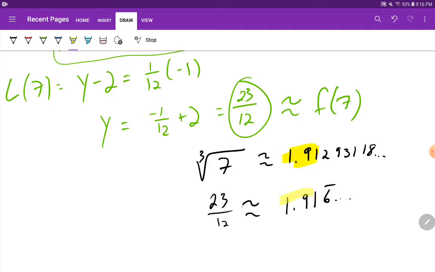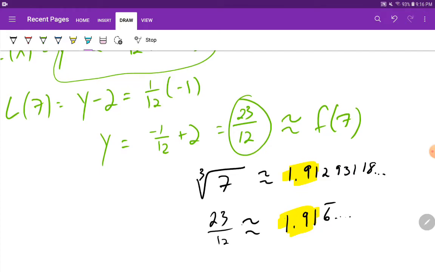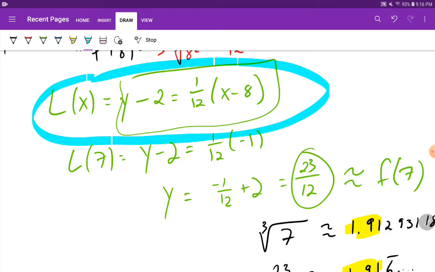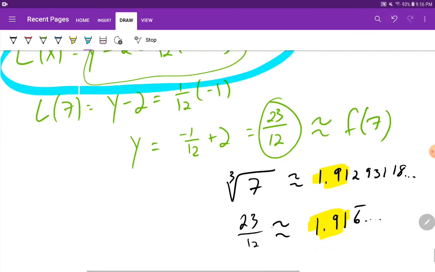We just approximated the first 3 digits of cube root of 7 without even knowing how to do the cube root of 7. We approximated them using this linearization technique, and we got pretty darn close, if I do say so myself, right?